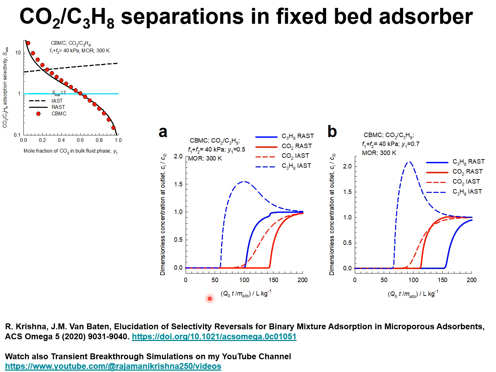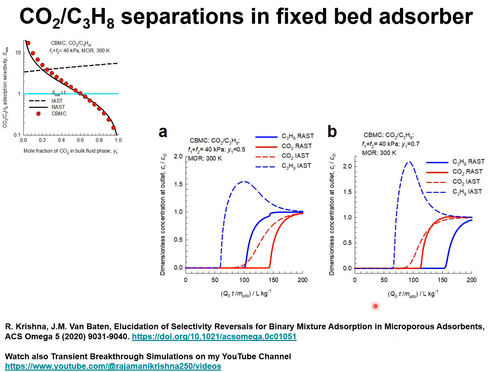So the x-axis is in units of liters per kilogram. The right-hand graph shows the simulations for a feed mixture with a mole fraction of 0.7 CO2 in the feed mixture.